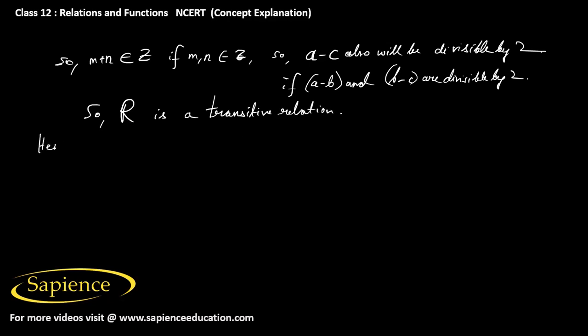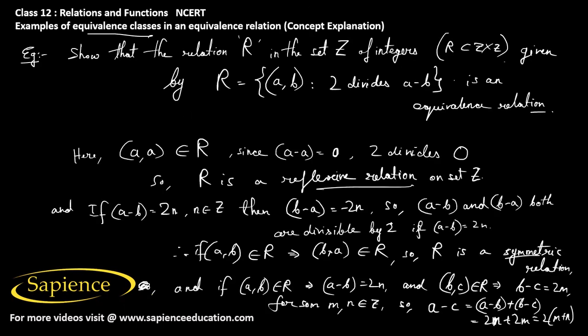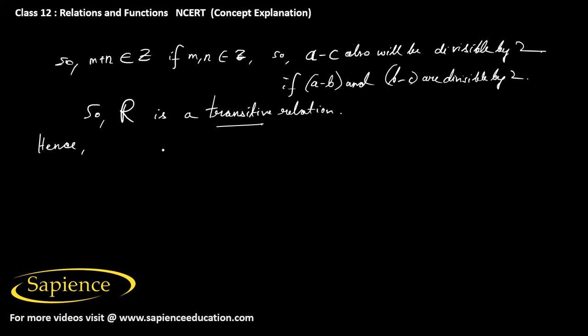Hence we can say that R is transitive, symmetric and reflexive, so R is an equivalence relation in the set Z. Now we have to find the equivalence classes.